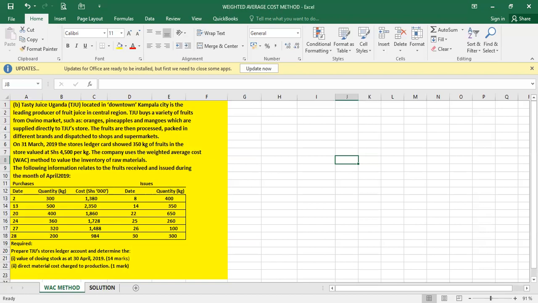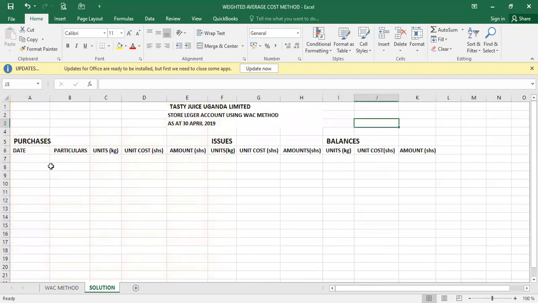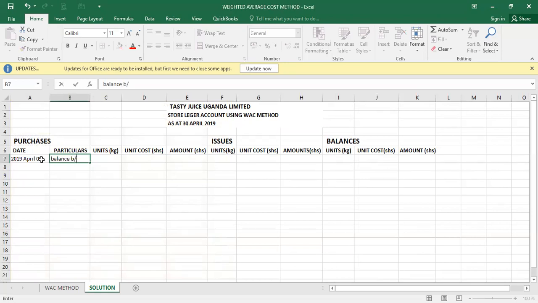So let's proceed. Our balance here, on 2019, April 01st. Particulars, we have balance brought down or balance brought forward.